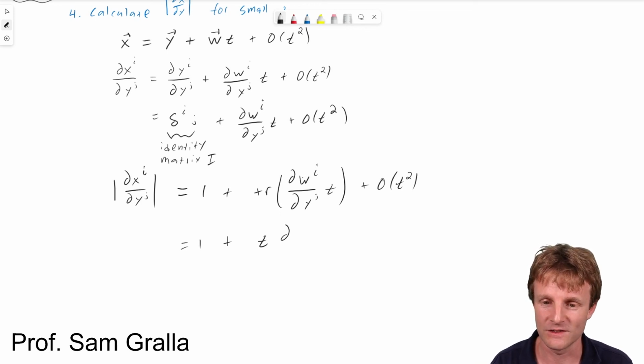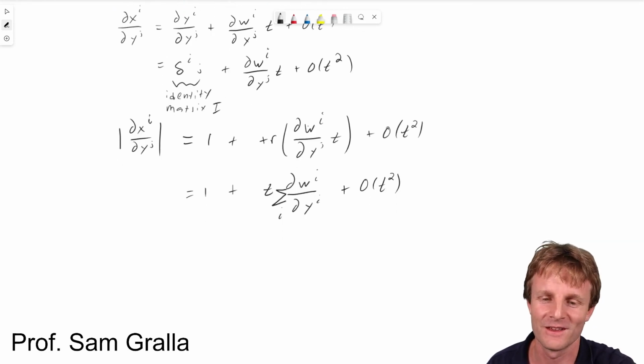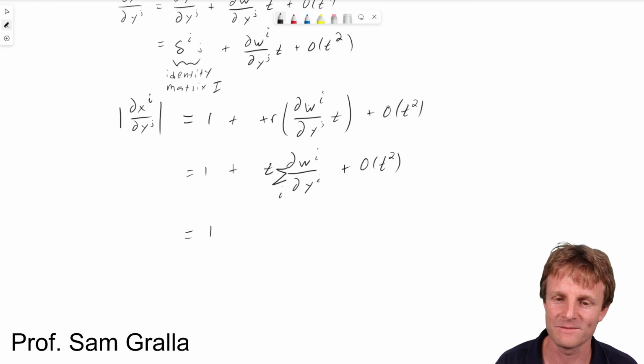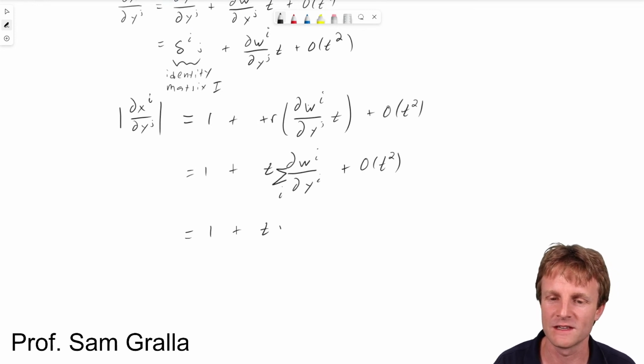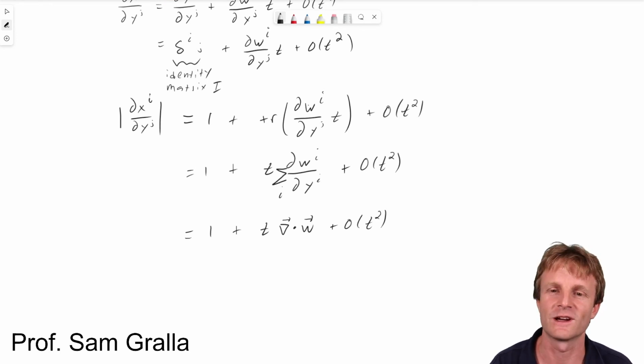Well, that's just dw_i/dy_i summed over i, plus order t squared. But what is this thing? It's w as a function of its coordinates y_i. This is just the divergence. This is where the divergence comes in: 1 plus t times the divergence of w plus order t squared.